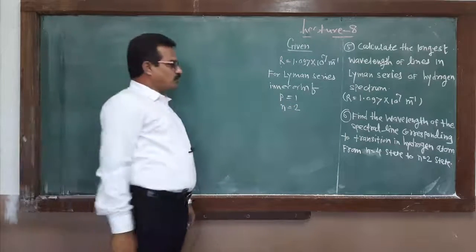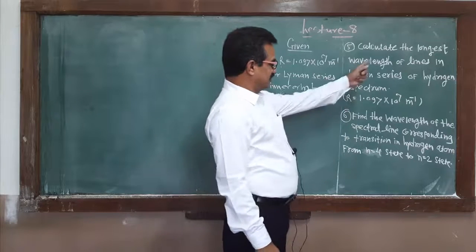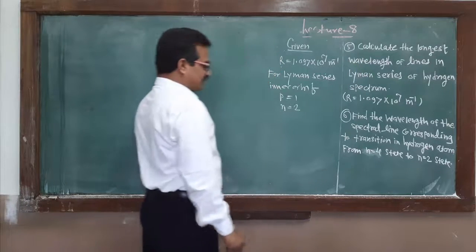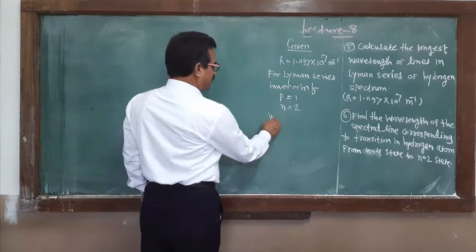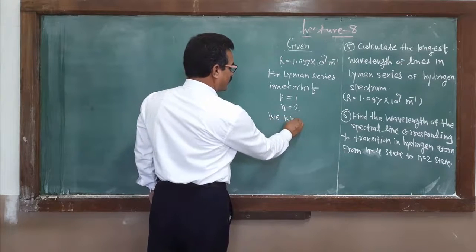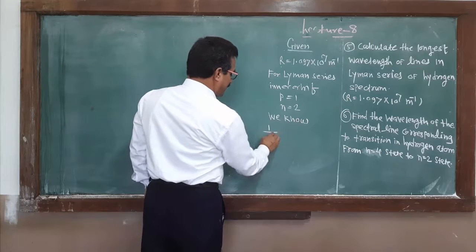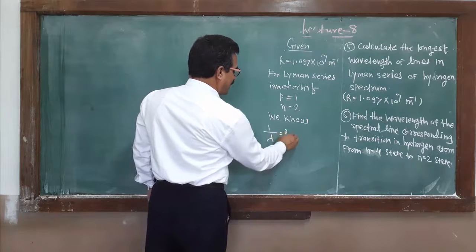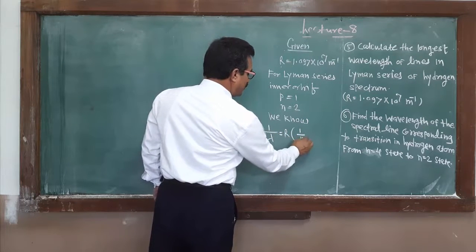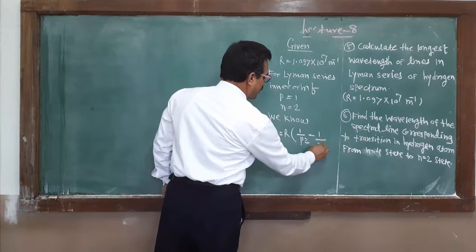Again use the Bohr formula and find out the longest wavelength. We know the Bohr formula, 1 upon lambda is equal to R in bracket 1 upon p square minus 1 upon n square.